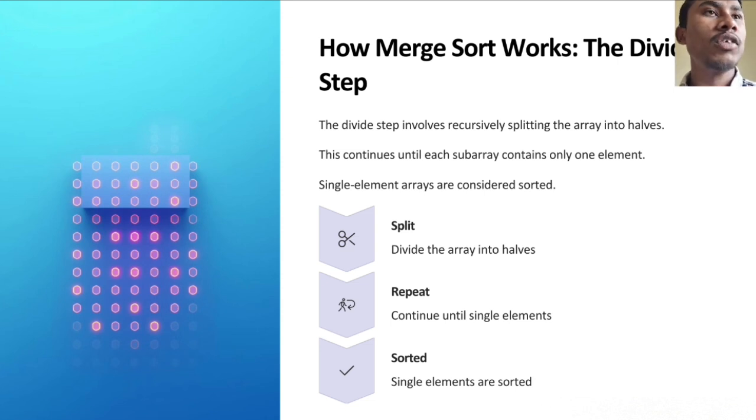First of all, split the array into two halves, and continue this process until the array is divided into single elements. So single elements are sorted. This is how merge sort works.